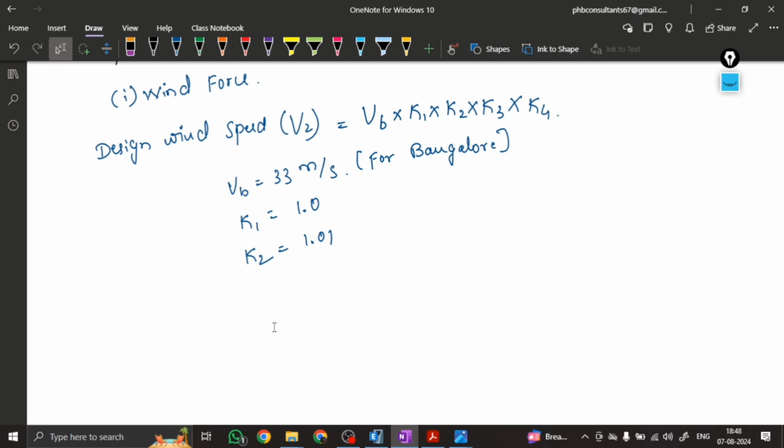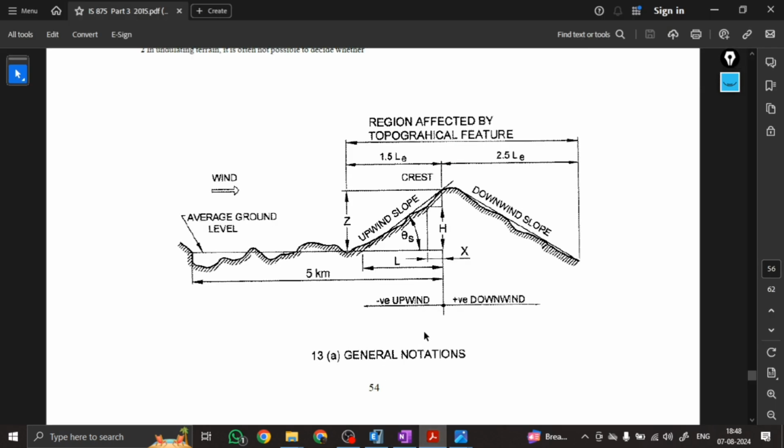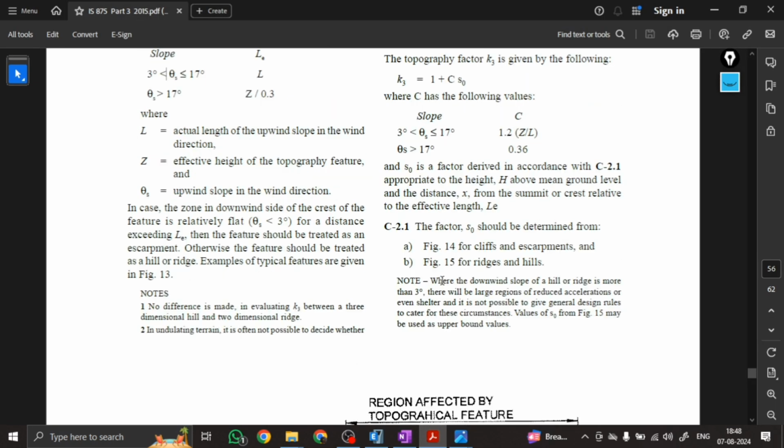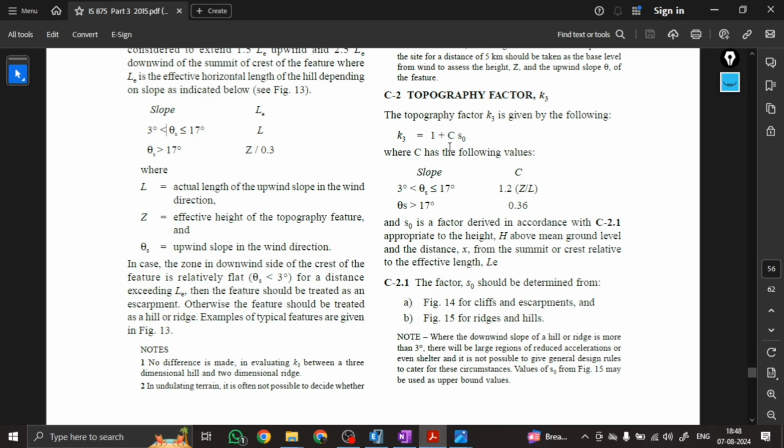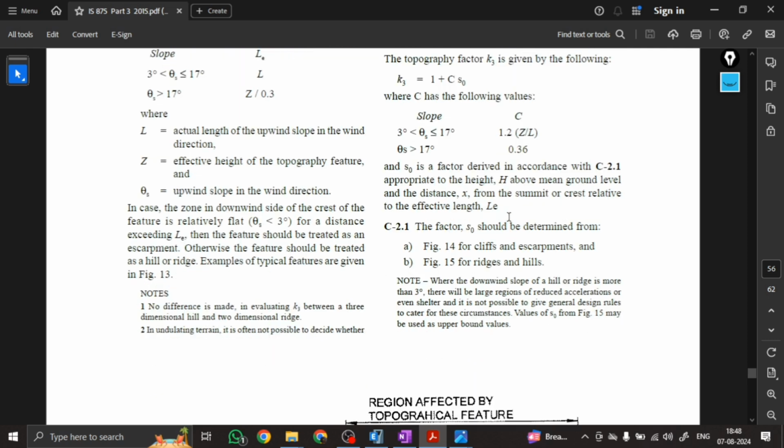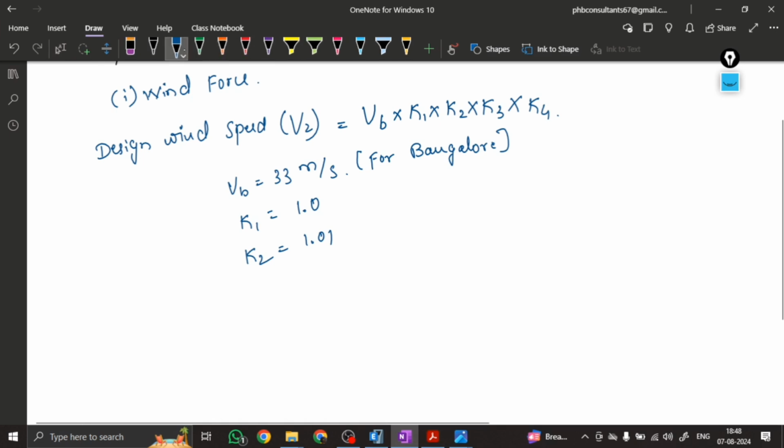If theta s is greater than 3 degree and less than or equal to 17 degree, then k3 equal to 1 plus C s naught, where C is 1.2 z by L. If greater than 17 degree, then C is directly 0.36. Now our building is in city, so it's less than 3 degree, so I will use k3 as 1.0.